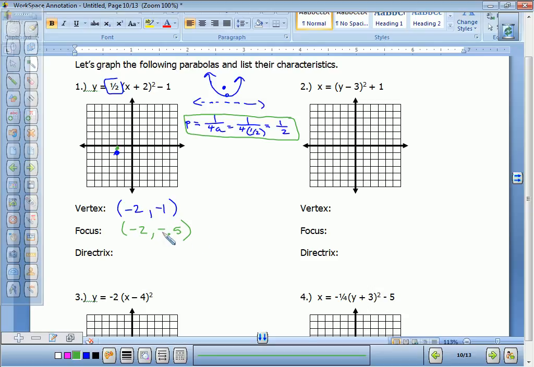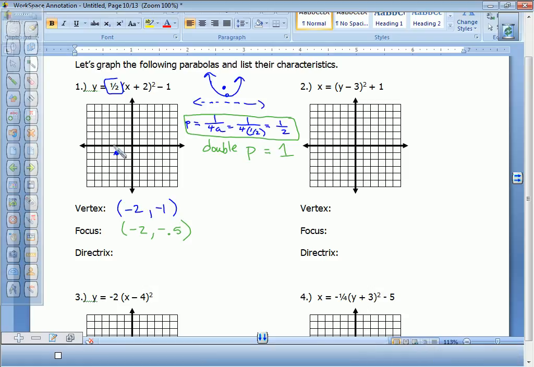Now, one way of graphing is to double that P. So if P is 1/2, if we double 1/2, what do we get? 1. We get a whole. So from this, it's hard to graph exactly where it is.